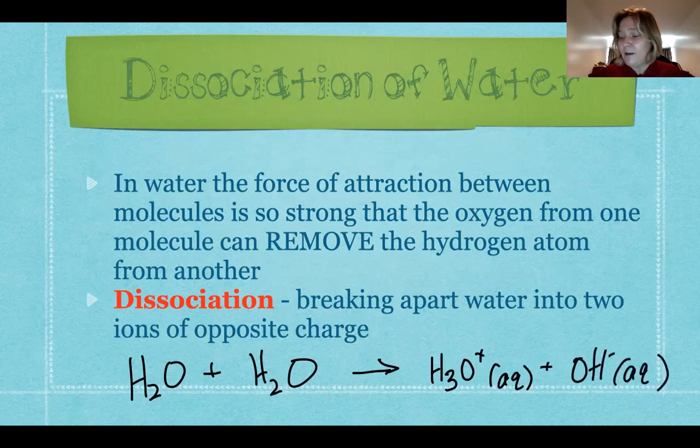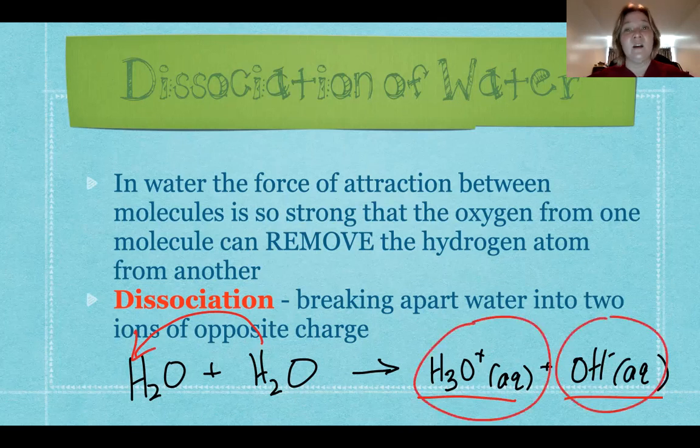So if one water gives a hydrogen to another water, then you end up with these two new ions. This is something called dissociation, which is the breaking apart of water into two ions of opposite charge. And in the next couple slides, I'll describe what these are and how they're related to acids and bases.